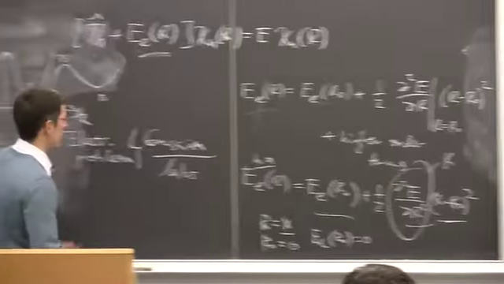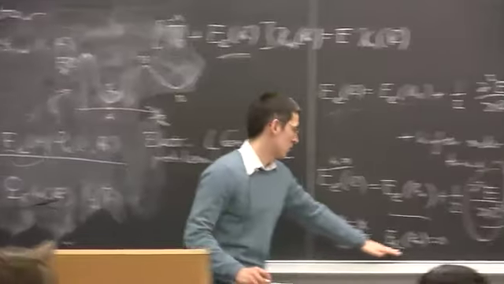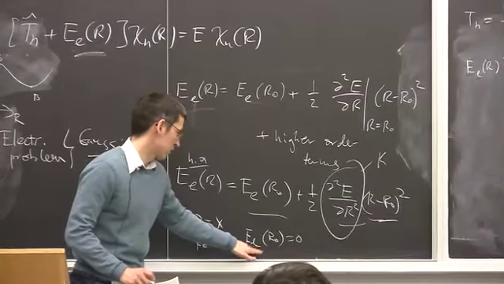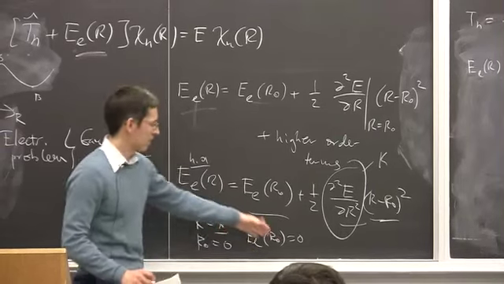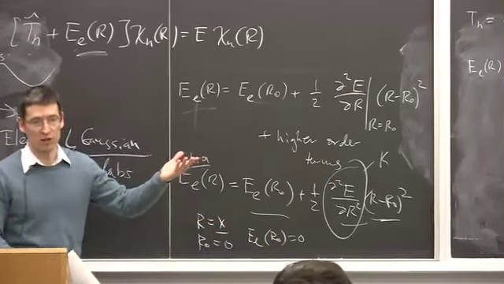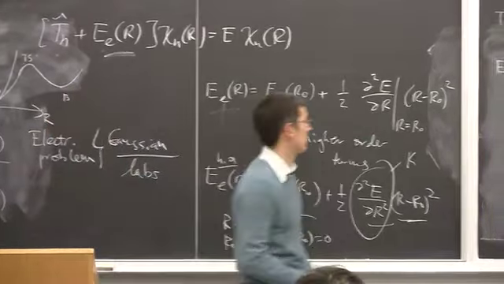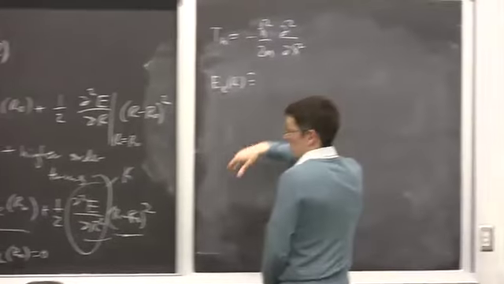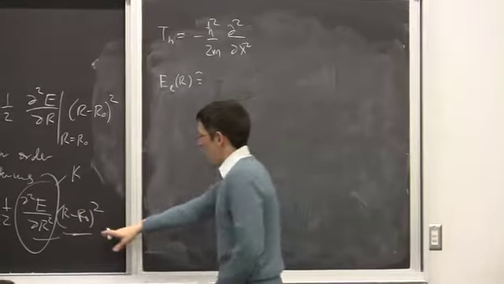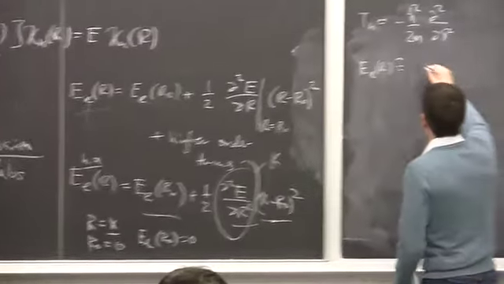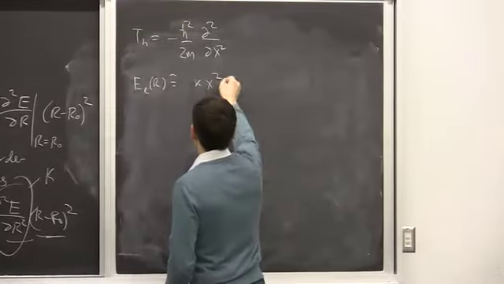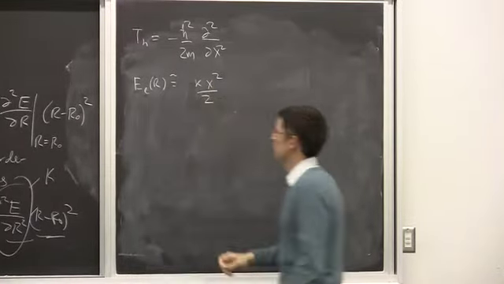So we will count energy from this point, the electronic energy in a certain configuration. We will call that our 0 for the energy. Then in this setup, this term will simply be kx squared divided by 2. Okay?